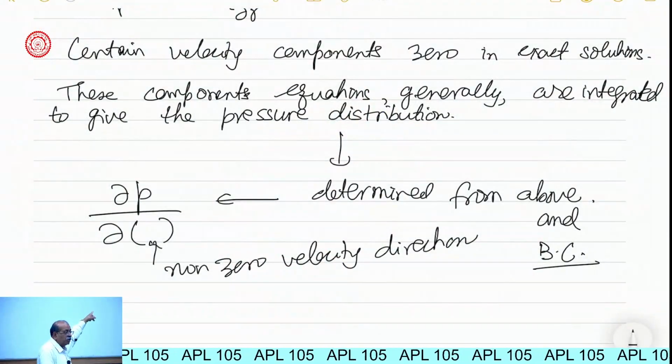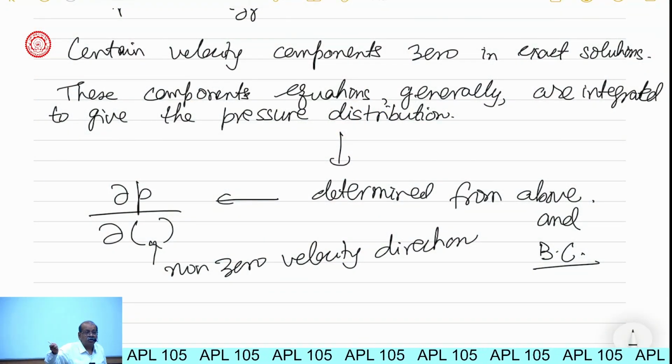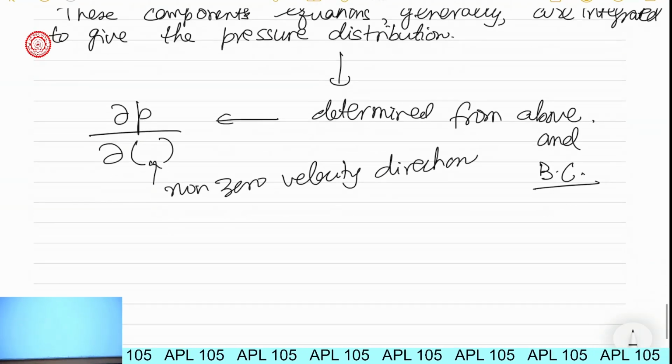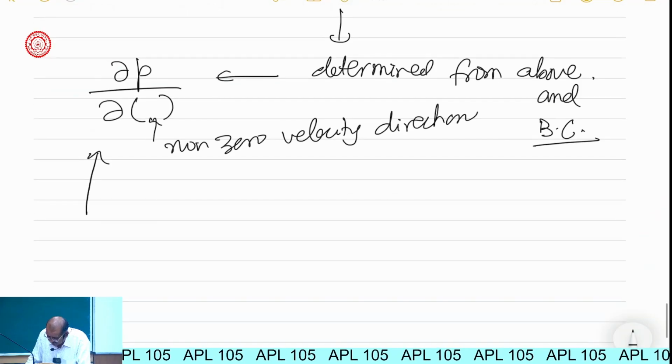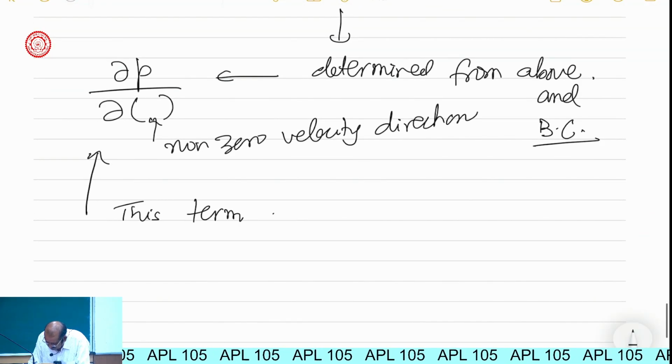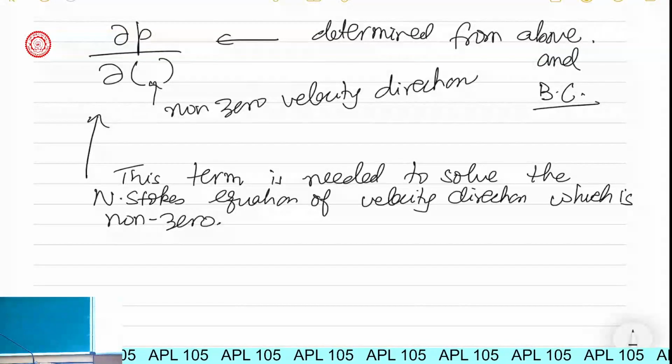And why do you need that? You need this term for the Navier-Stokes equation for the velocity in the non-zero direction. And this term, so it may be a bit vague, but this term is needed. They follow from the continuity equation.